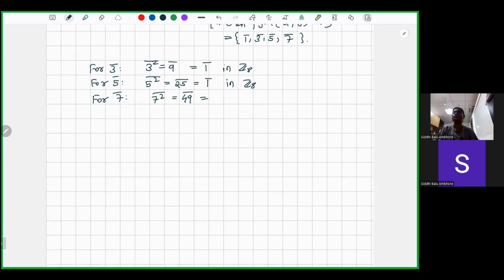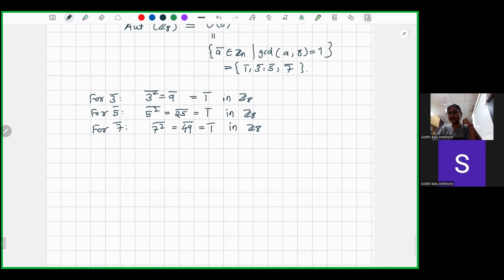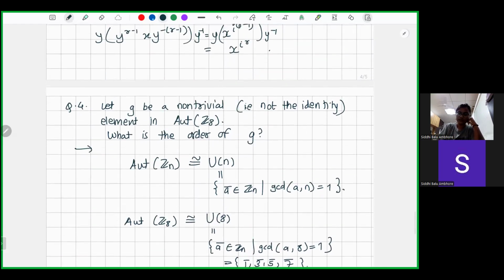That is again 1, since 48 plus 1 is 49, which is congruent to 1 mod 8. Okay, so every element here has order 2. So therefore, here the answer is 2.